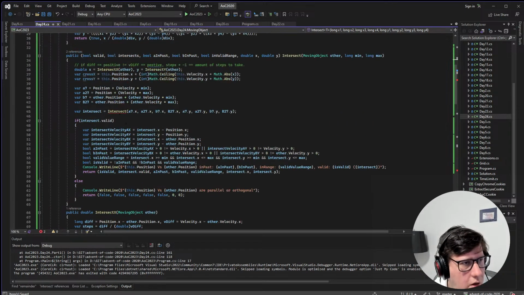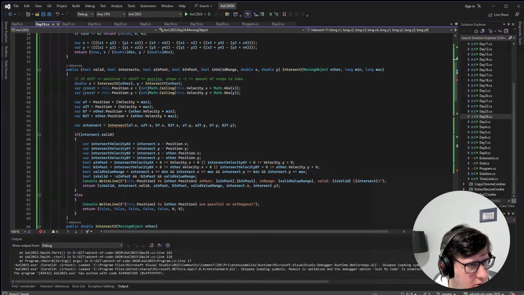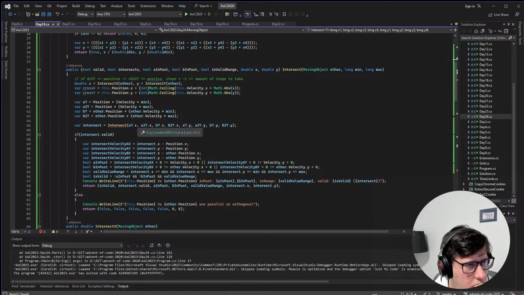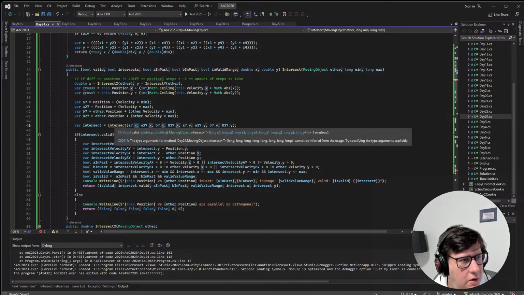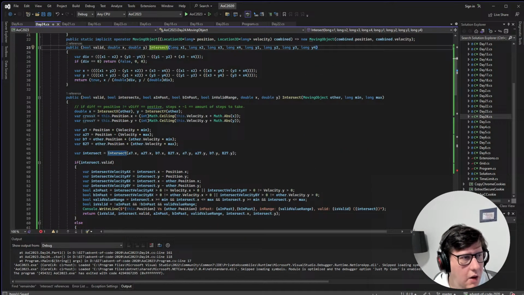Okay. Cannot be inferred from the usage. What? The type could not be inferred from the usage. My bad. Here, I need to remove that one.